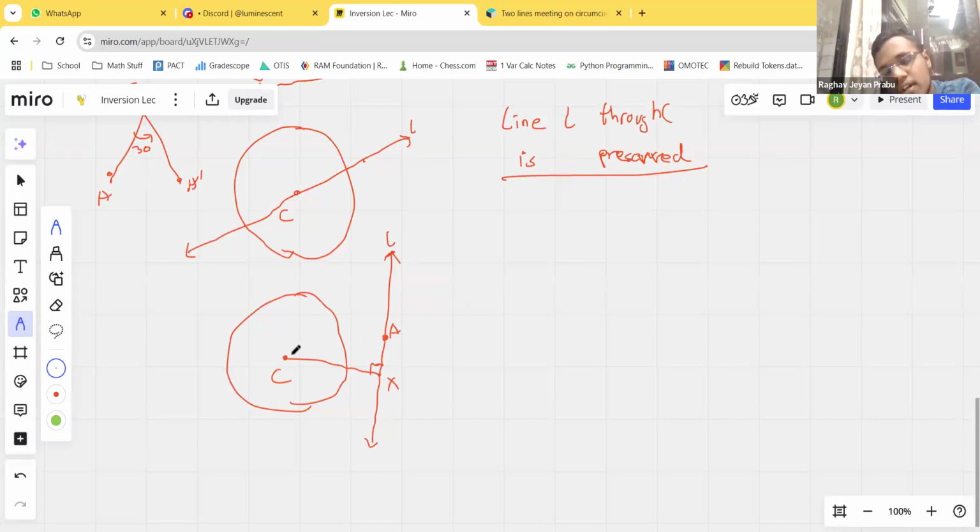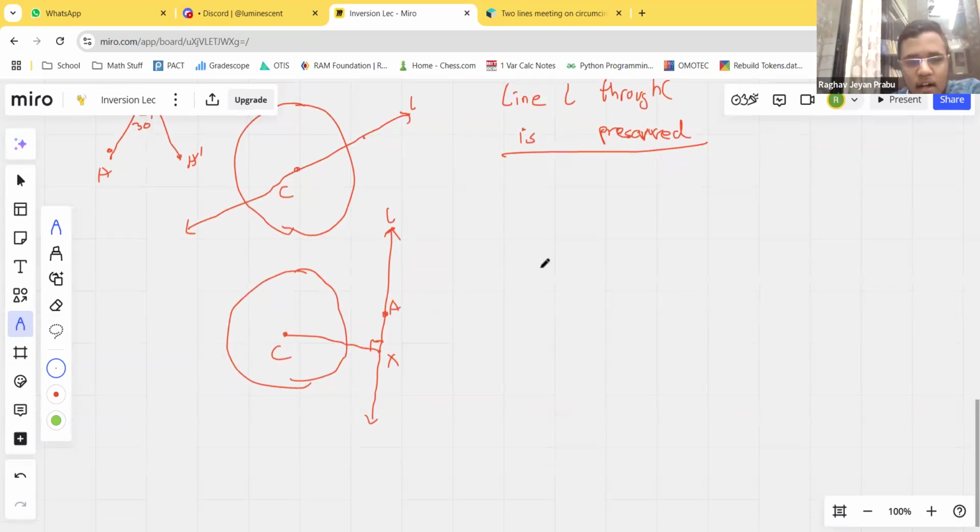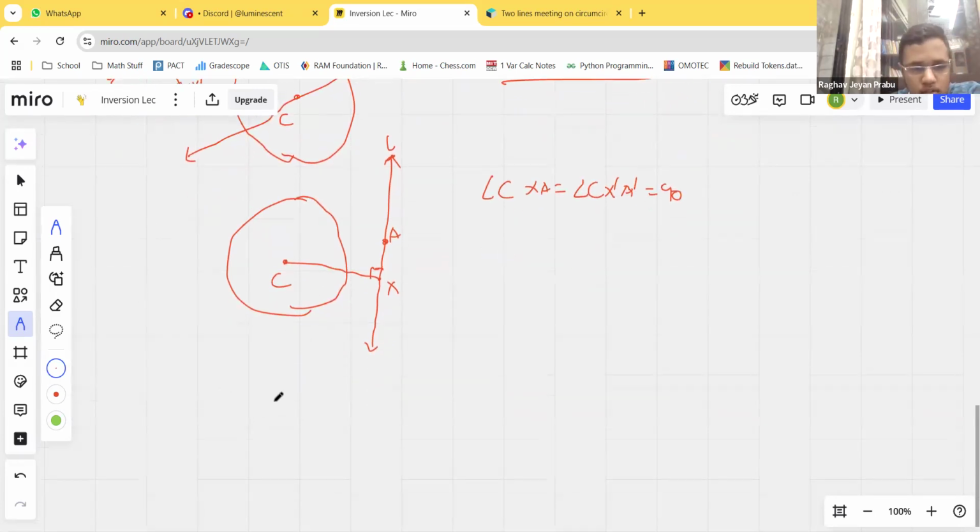However, if I'm looking at the inverses of A and X, then angle CXA would be equal to angle CX'A', which is 90 degrees. So if I look at the inverses, X will go inside the circle, but to not clutter the diagram, I'll keep it outside.